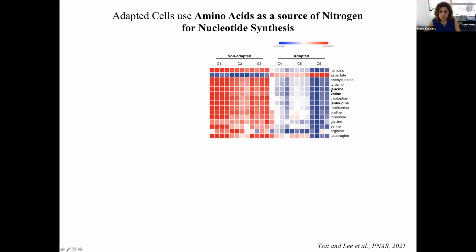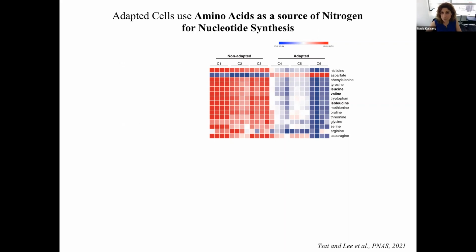We particularly wanted to focus on the leucine, valine, isoleucine, the branched chain amino acids, because we know that branched chain amino acid transaminases could transfer the nitrogen from these to glutamate and to aspartate, and we knew that aspartate is necessary for the synthesis of both purines and pyrimidines.